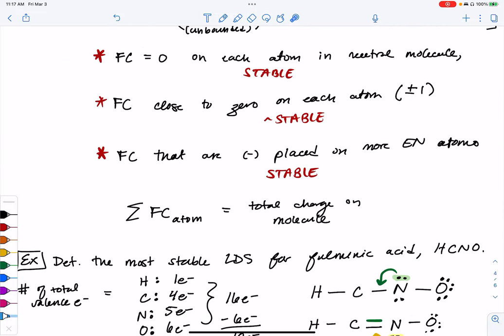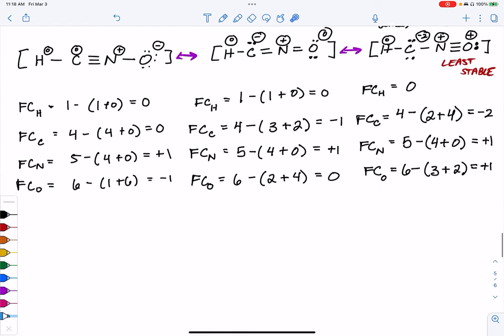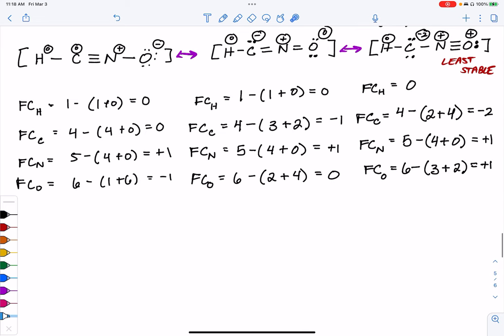The next thing that'll give us an indication of stability from these formal charge calculations is if our formal charges are as close to 0 on each atom. So let's see if there's a distinction between how close our charges are to 0 on atoms in our 2 resonance structures. So here we had 2 0 charges, and then we had a +1 and a -1.